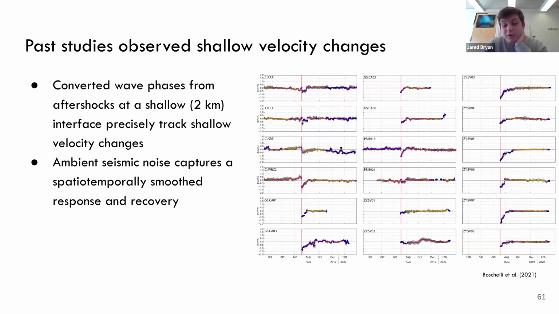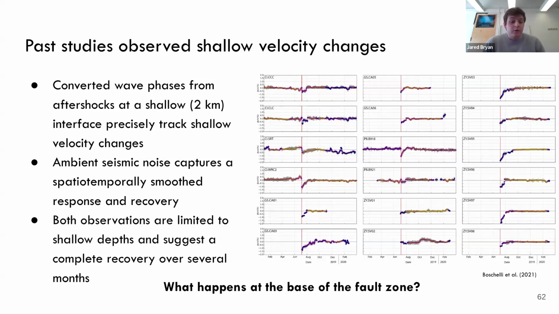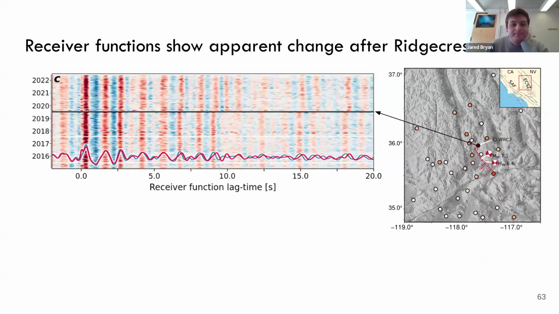And then within about 2 or 3 months across the network, they see complete recovery of this seismic velocity change. But like I said, both of those observations are measuring primarily the shallow velocity change. And the question I want to address is what's happening below this strong shallow seismic velocity change.